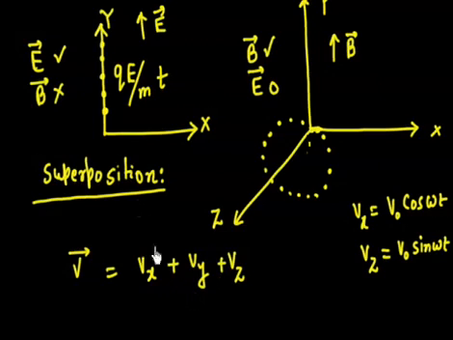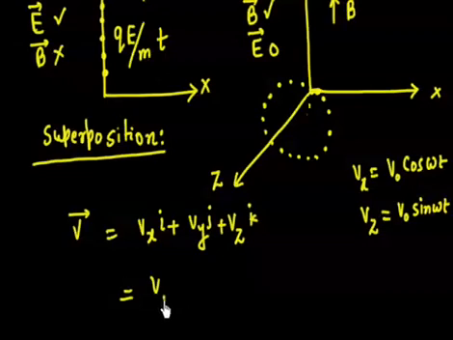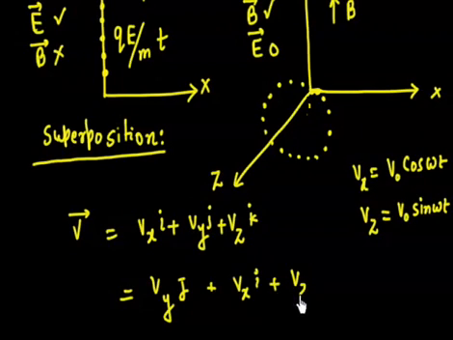So Vy we already know, that is qE by m into t. This is the i vector, this is the j vector, and this is the k unit vector. So I can write Vy j plus Vx i plus Vz k.